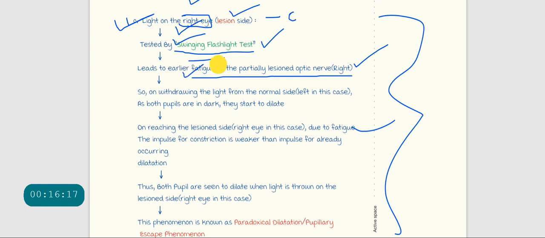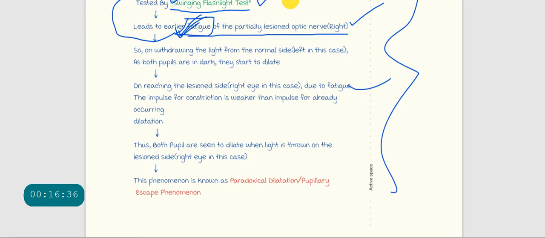After this fatigue, when I do the swinging test again, what will happen due to this fatigue? Dilation would occur, not constriction.